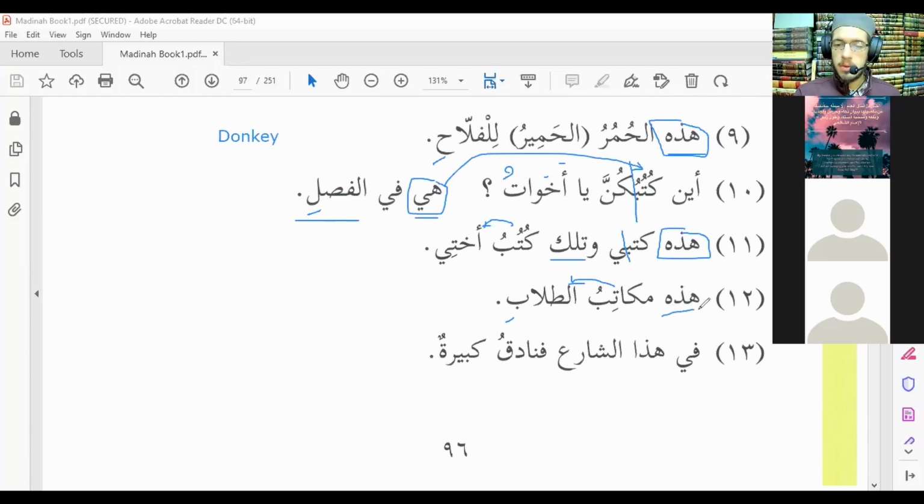Good. So the thing they want you to see is that hadihi refers to a plural non-human group, the makatib. And this is a jumla ismiya. So this is the mubtada over here, just hadihi. Makatib al-tullabi is the khabar. Good. And Dr. Muslim, bring us home with number 13.